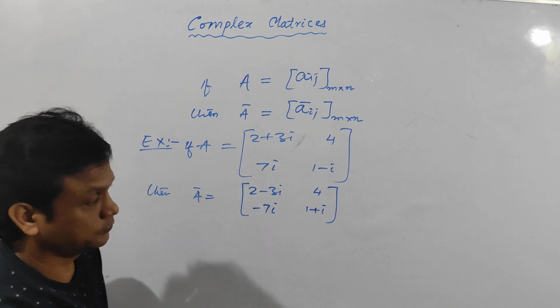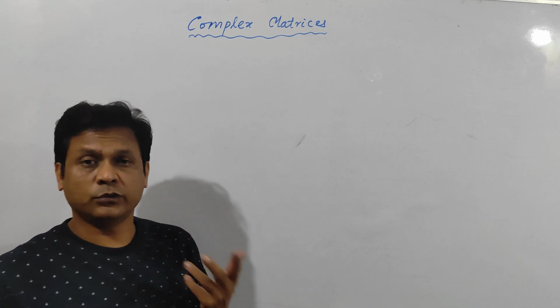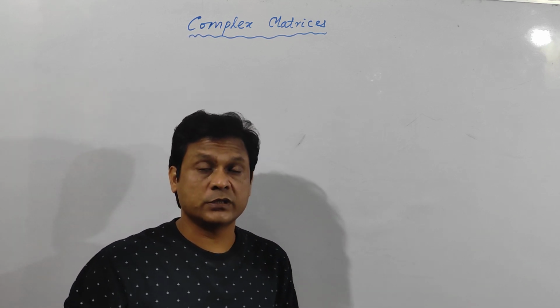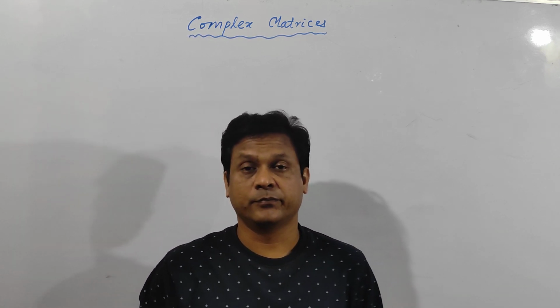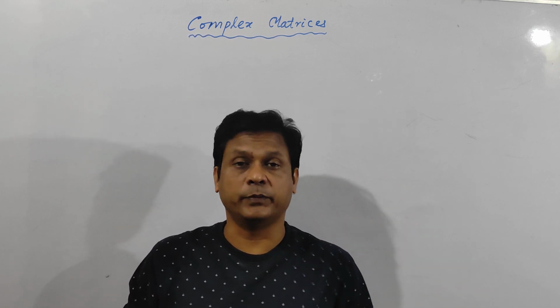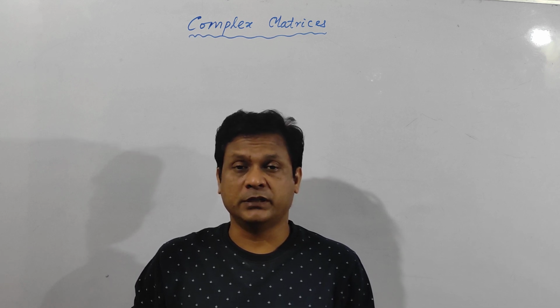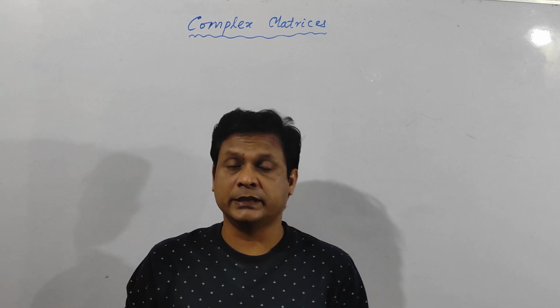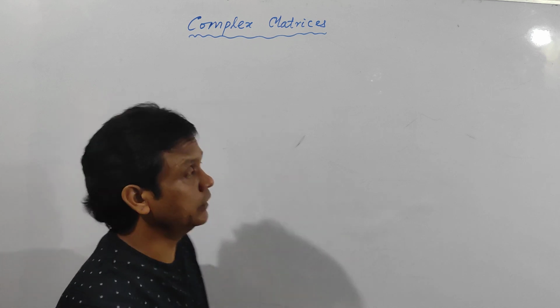Clear? Now see here, how to write the transposed conjugate of a matrix. I have told you, transposed conjugate of a matrix. That means you have to take the conjugate of a matrix, then take its transpose. Clear? Like this.